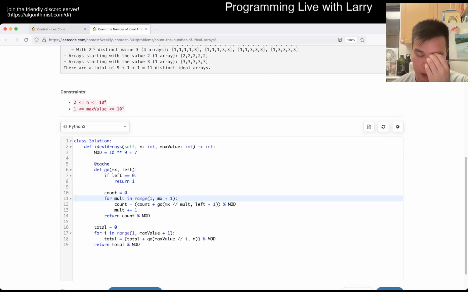We're giving the max value. Right. 1, 2, and then divide it. No, I feel like this is right, the idea.